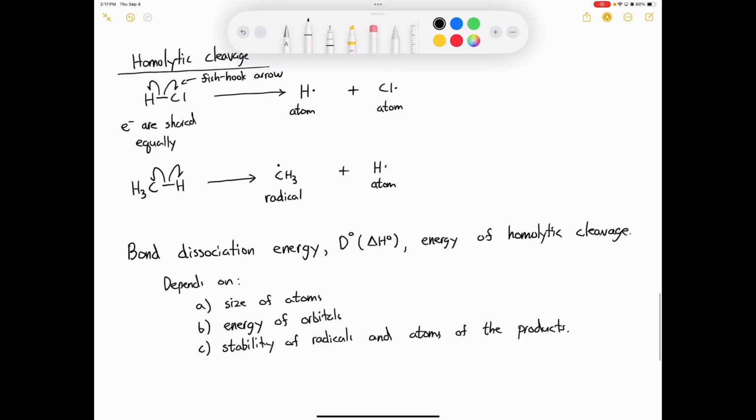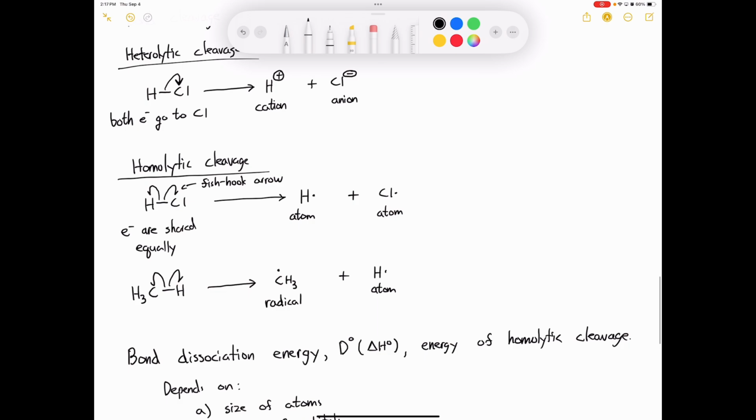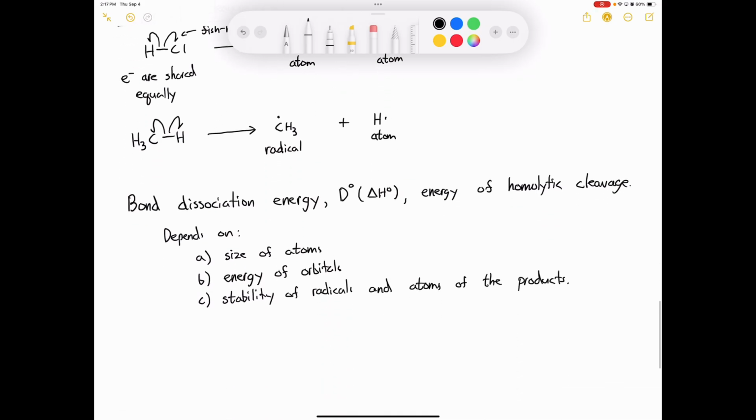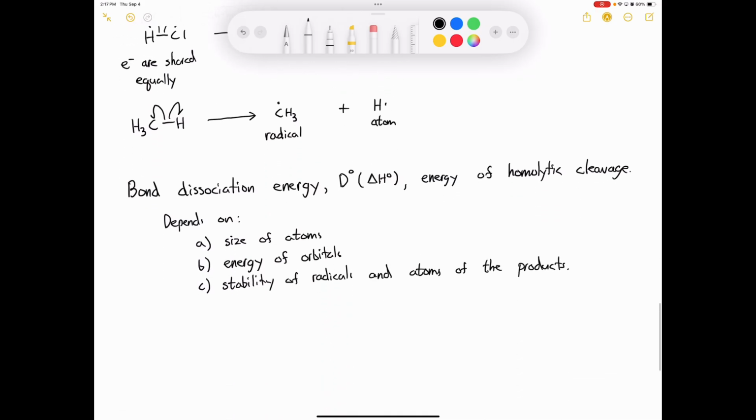What I mean by that is you look at the products of these reactions above here, and it depends on the relative stability of those atoms. But in most cases, we're looking at just the radical that forms.